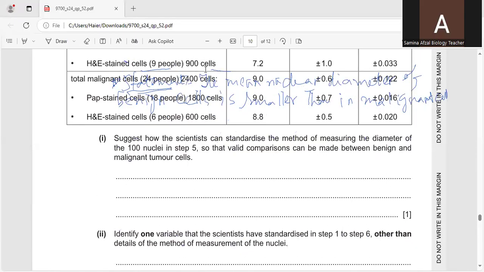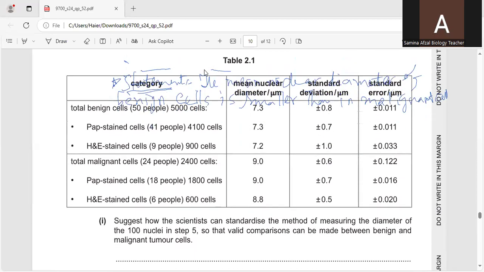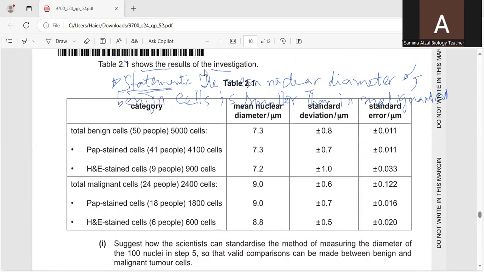Our statement is that the mean diameter is different in both of these cells.